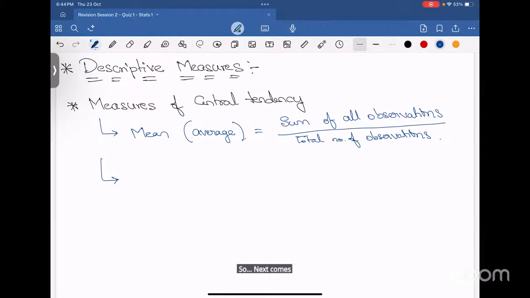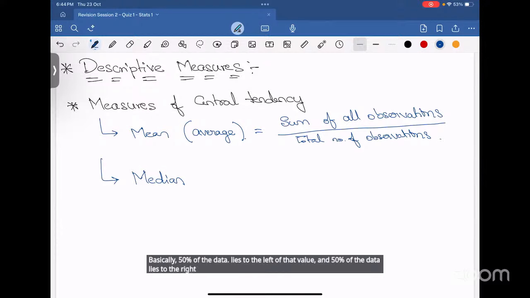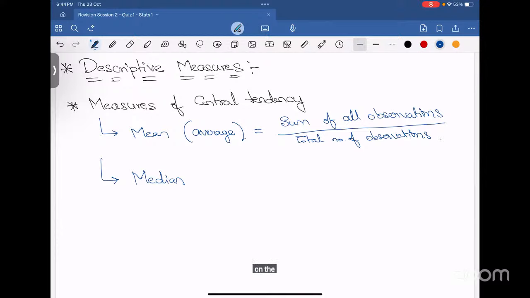Next comes median. What is median? Median is basically the middlemost point. Basically, 50% of the data lies to the left of that value and 50% of the data lies to the right of the data on the number line.